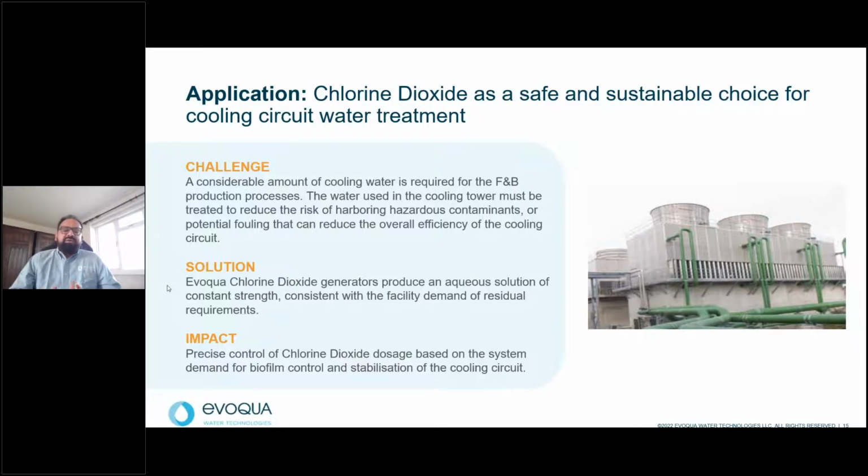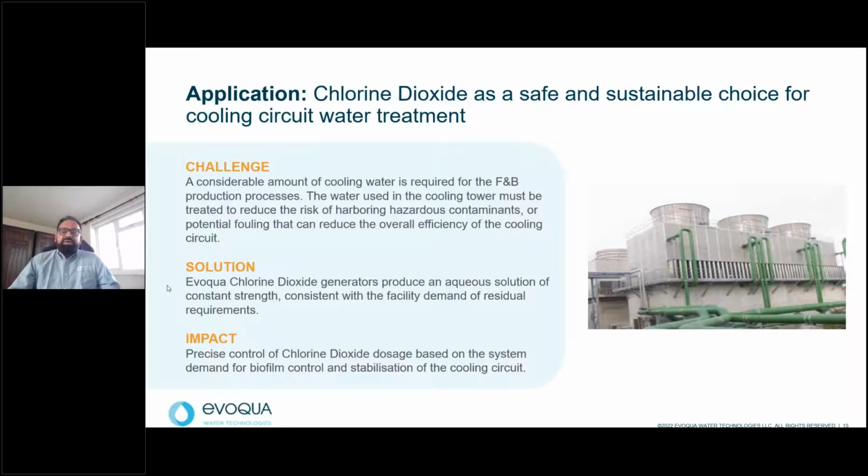It also does not react with the other chemical treatments which are equally essential for cooling tower treatment, such as corrosion inhibitors or antiscalants. Consequently, it is found that the dosage of those chemicals remains fairly constant when using chlorine dioxide.